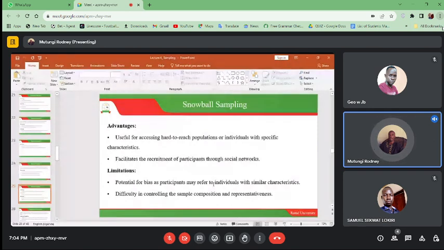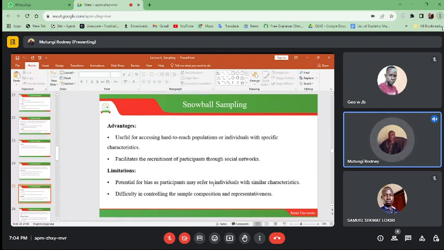Then there is difficulty in controlling the sample composition, because remember, you're depending on these people who give information about the other people that you have to reach. So controlling who is in your sample or not might be very problematic. You also cannot control the representativeness. You reach someone and they tell you that the other neighbor also received the seeds, and because you wanted the neighbor to be a man, you say, no, I'm not going to interview this person.